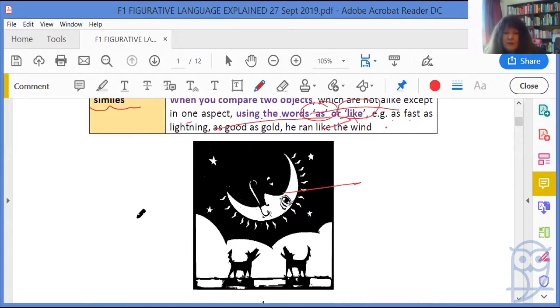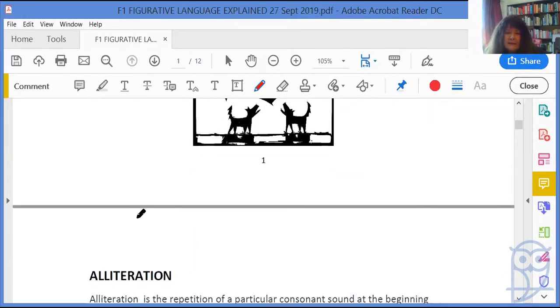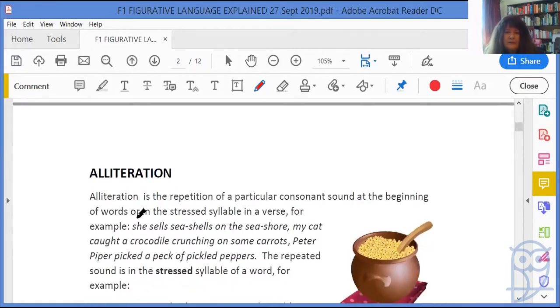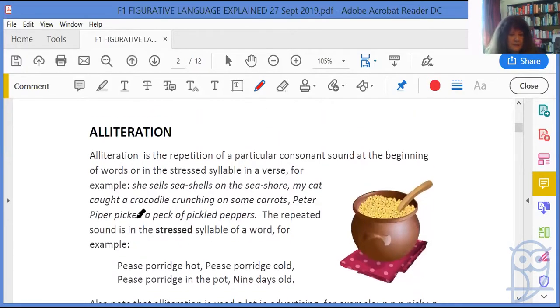So that's personification. Okay. Right, let's look a little bit more at alliteration. We said alliteration is the repetition of a particular consonant sound at the beginning of words or even in stressed syllables in a verse.